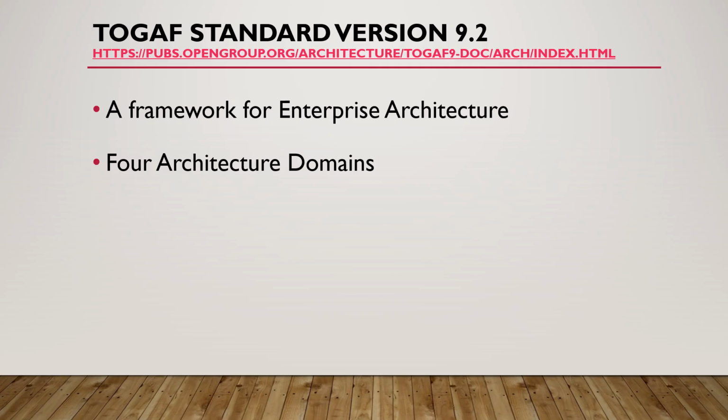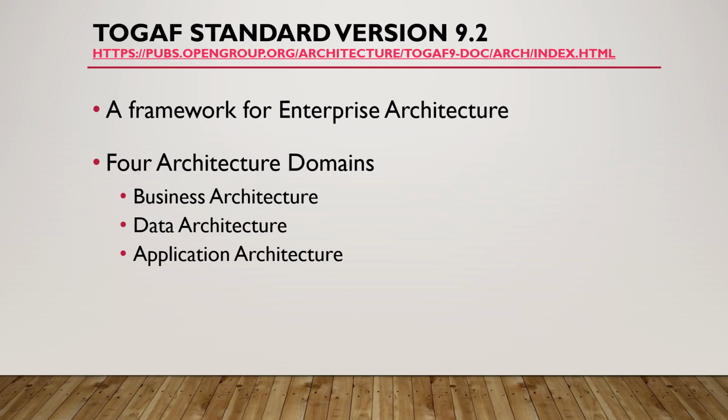Taken from the Open Group's description of the framework, these 4 domains are: the business architecture defines the business strategy, governance, organization, and key business processes. The data architecture describes the structure of an organization's logical and physical data assets and data management resources.